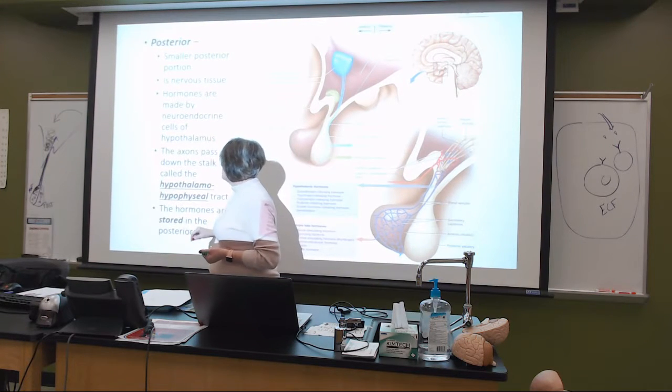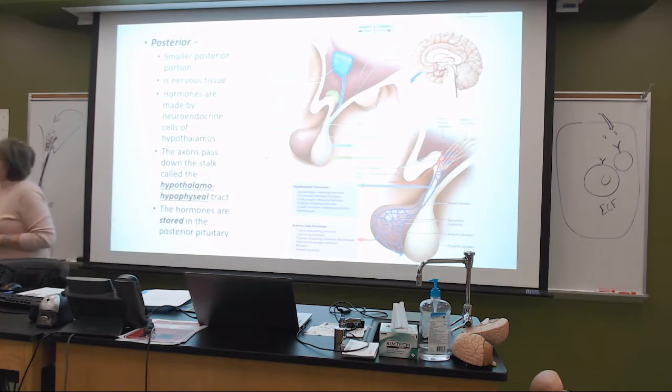So this is where I have my neuroendocrine cells. So what we're going to find is that I have some nerve cells in my hypothalamus. They get to travel to my posterior pituitary on the other part of the infundibulum and synapse on cells in the posterior.